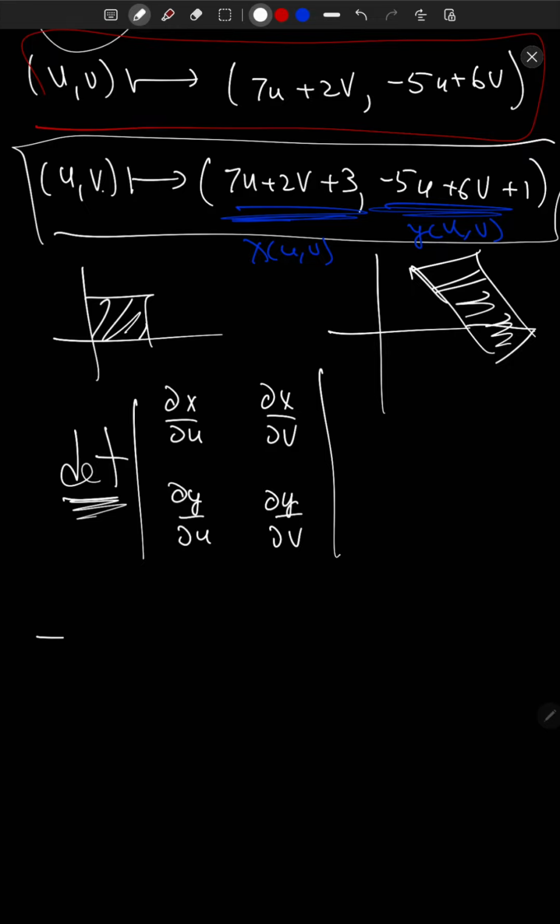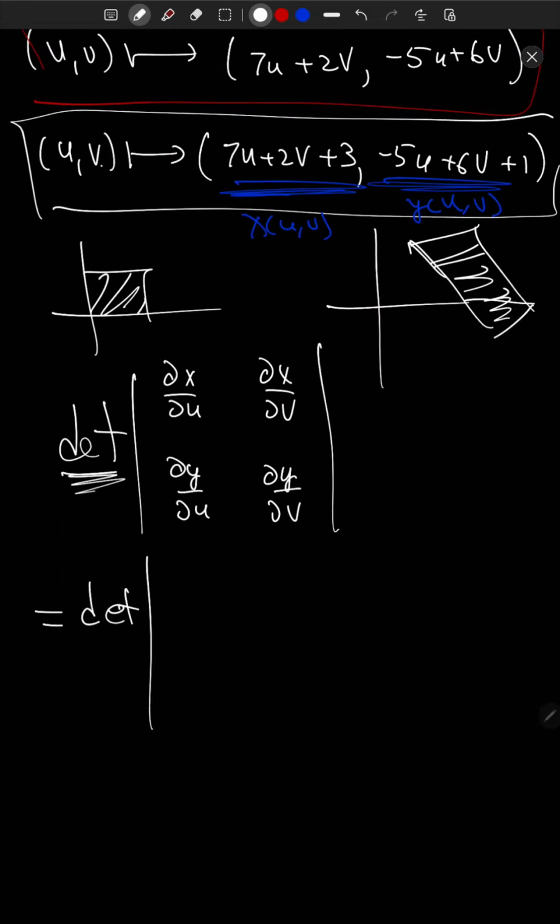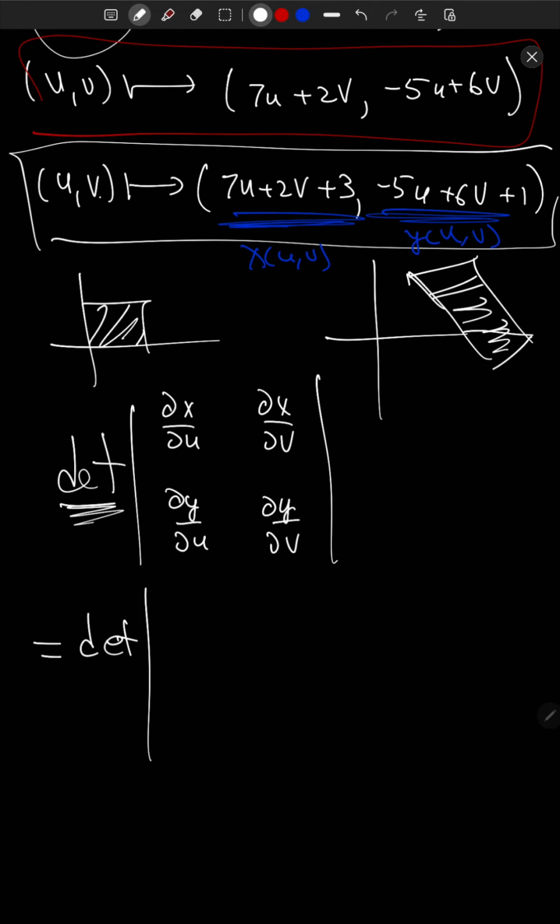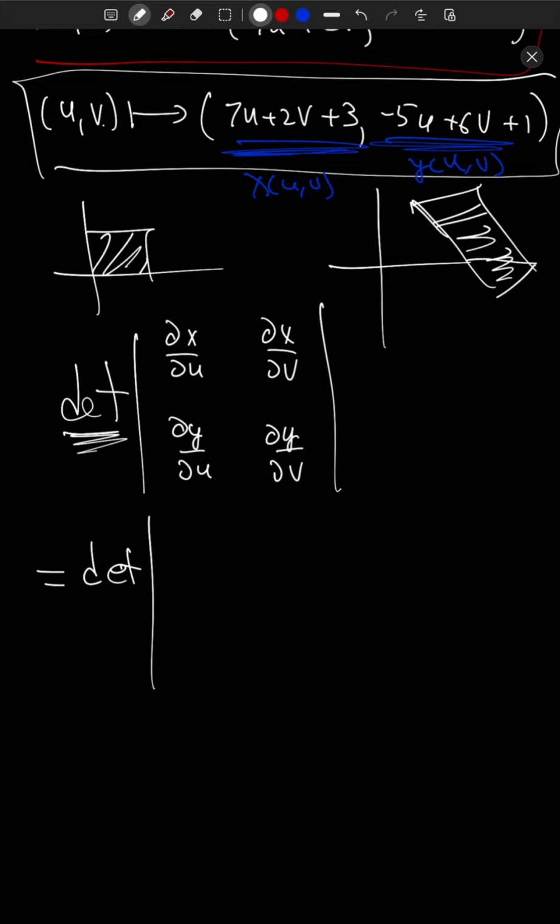In this case, because things are linear, because we're working with a fairly simple mapping, these partial derivatives are super simple. In general, they could be horribly complicated. They could depend on u and v, just like when you do substitution, where whatever you convert your dx to, whatever is in front of the du is often complicated.